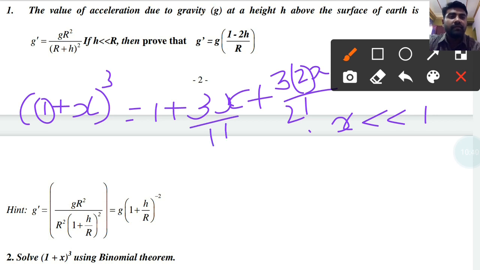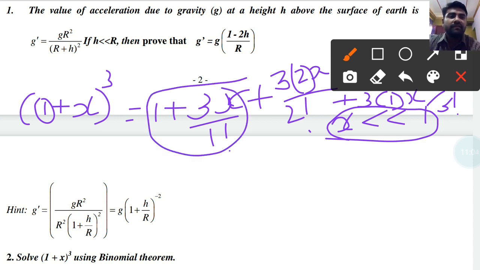This is 1 factorial, 1 factorial value is 1, 2 factorial, then sorry, here fourth term will be plus 3 into n minus 2, now 1, right? Then x upon 3 factorial. But because x is much less than 1, we are neglecting all other higher terms, so we are left with only this one, 1 plus 3x upon 1, 1 factorial value is 1, so 1 plus 3x, that is our answer.